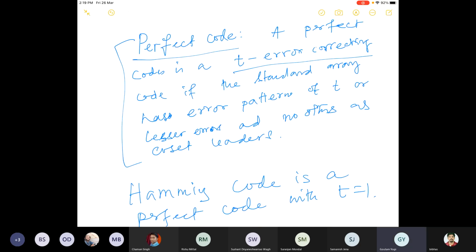Can you please repeat it? So my question is, say we have 2 to the power n minus k different cosets in the array. Yes. So we declare our coset leader in a perfect code, which has error weight less than or equal to t. Yes. So my question is, there may exist 2 or more sequences in each coset whose weight is less than or equal to t.